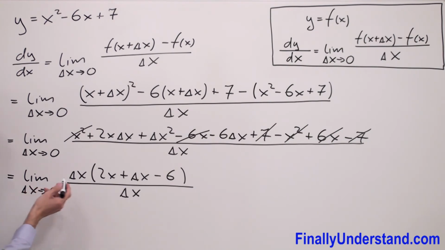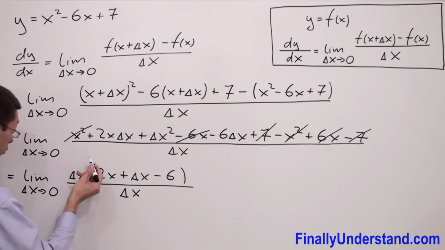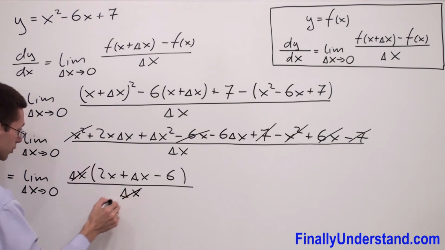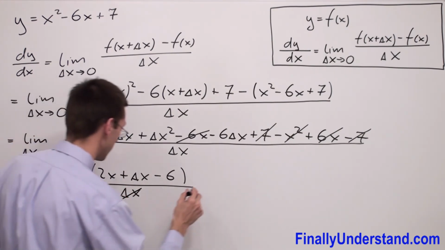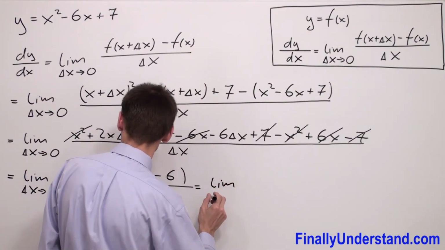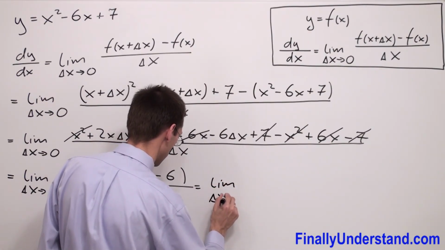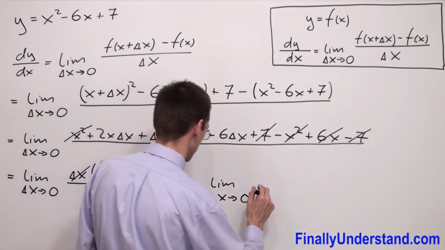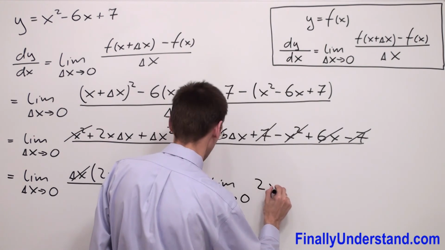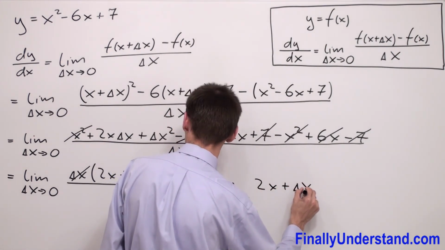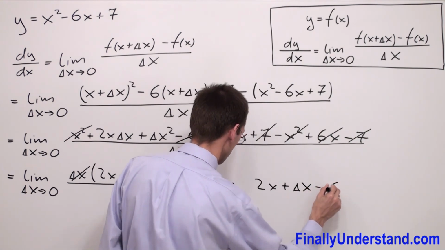Now, please take a look what we can do. Delta x and delta x, they're going to cancel out each other. And we have limit as delta x approaches 0 of 2x plus delta x minus 6.